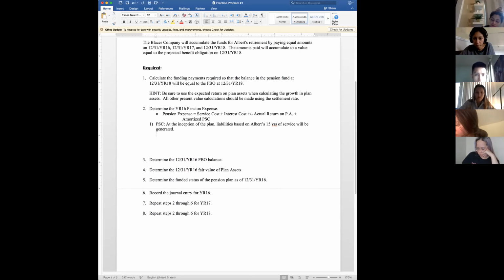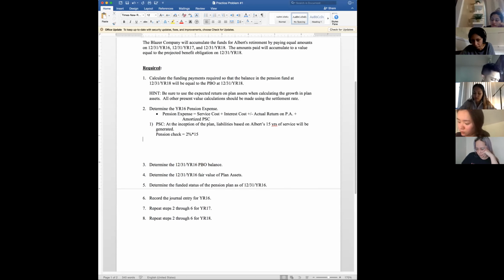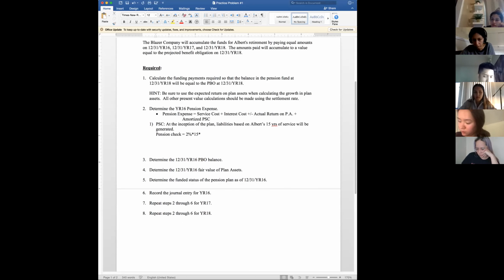So let's start with the pension check based on the pension formula. 2% multiplied by number of years of service, 15, multiplied by the final salary.